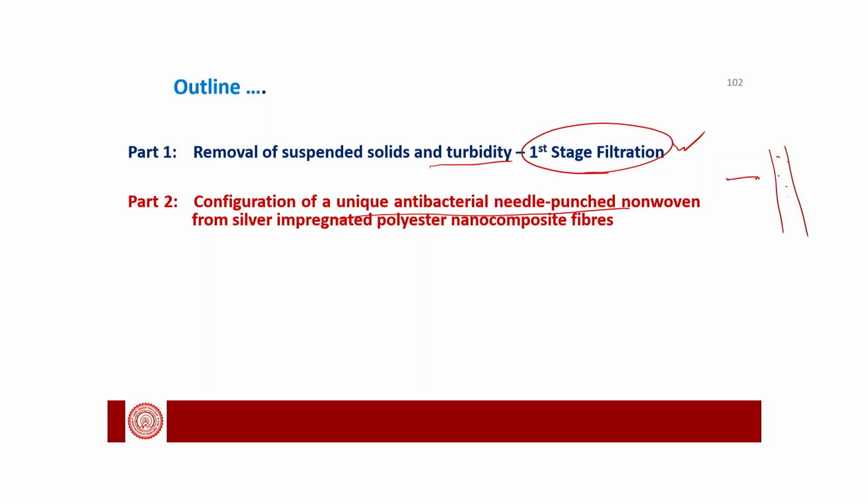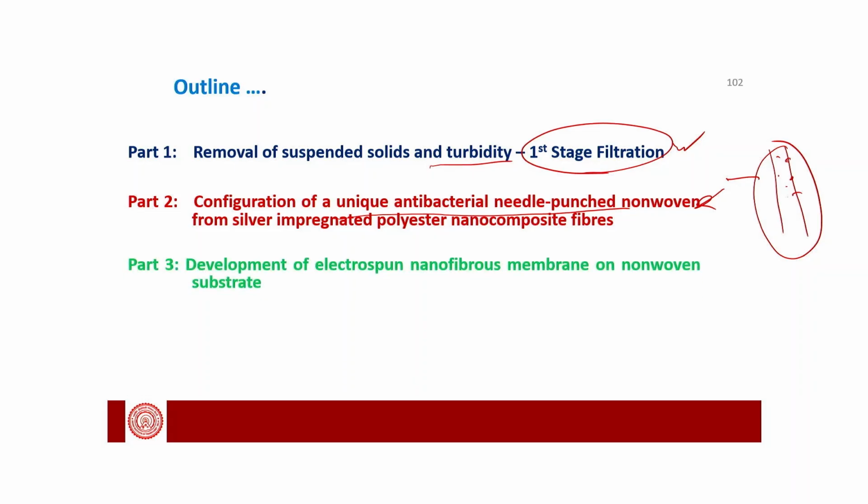From that we have developed non-woven, and also by reducing the fiber, that is surface etching, by exposing the nanoparticle, how the antibacterial effect has improved. That part we have discussed in part 2, and now we are discussing the development of electrospun nanofiber membrane on non-woven substrate.